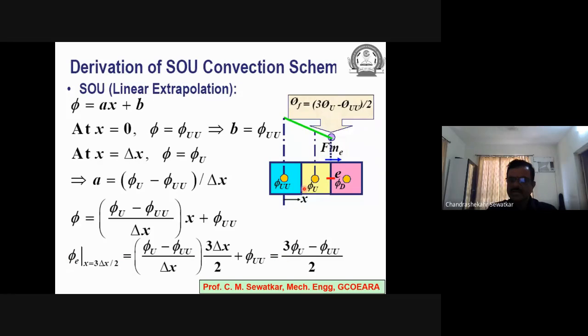So this phi e is required to be determined. Once I determine this phi e, I can calculate the convection across this east face. How do I calculate convection across this face? I know the expression, that is CP east face.